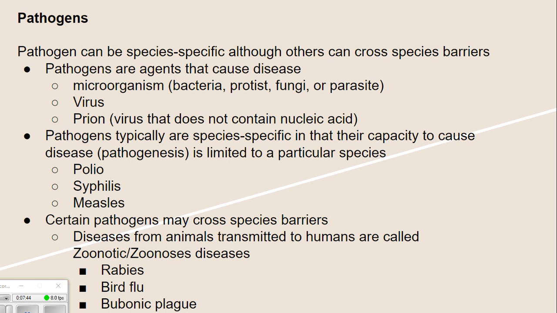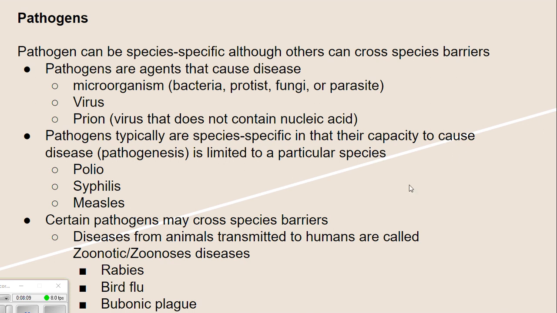A prion is basically just an infectious protein. So a protein that can self-replicate and can ultimately lead to tissue damage and cell damage and eventually death. Mad cow disease is that classic example of a prion, a disease caused by a prion.